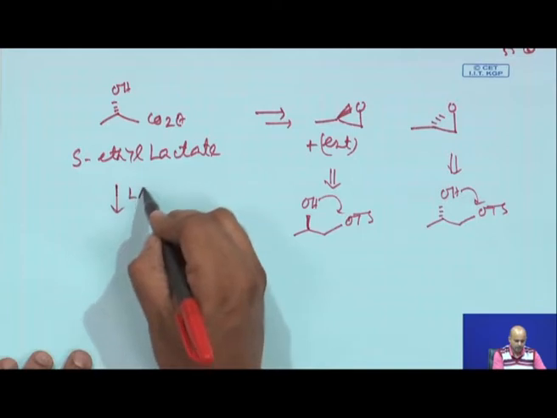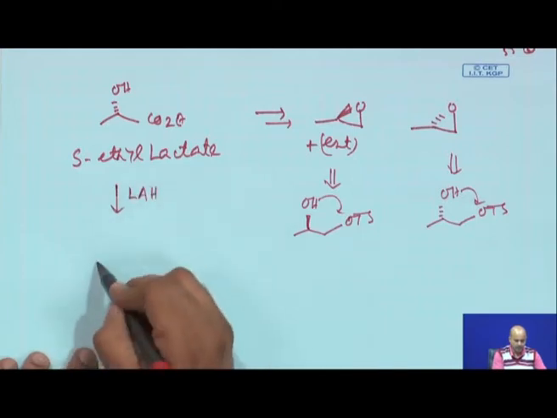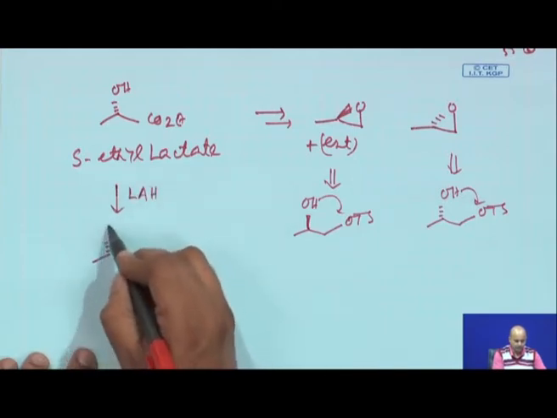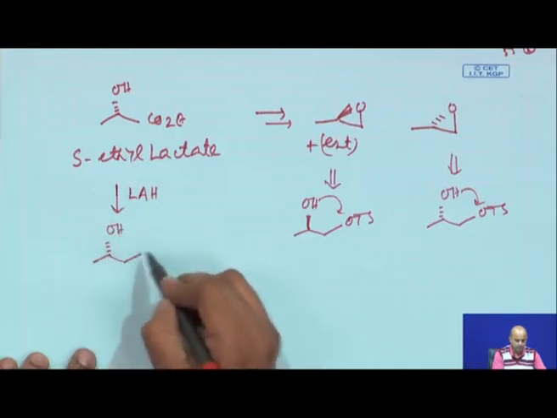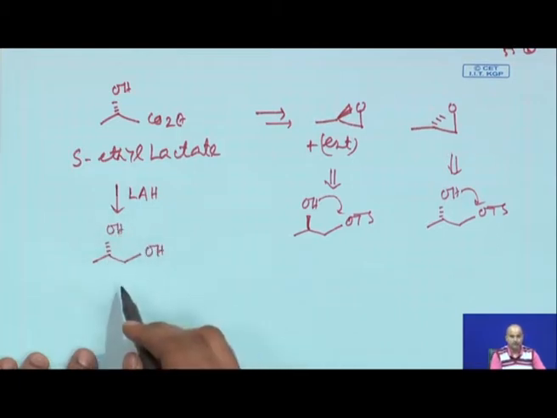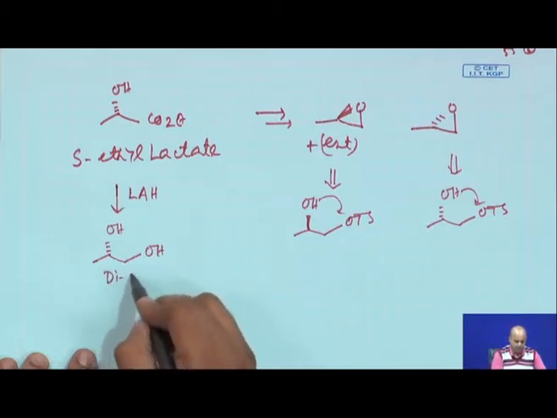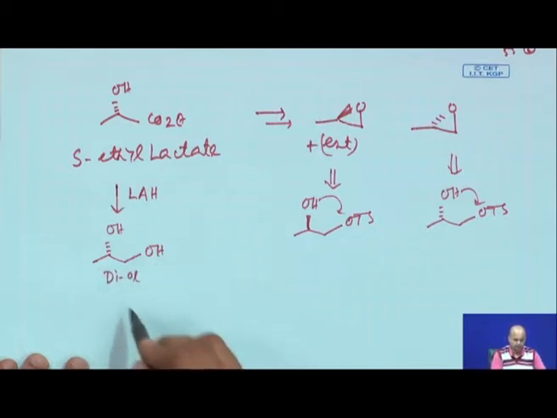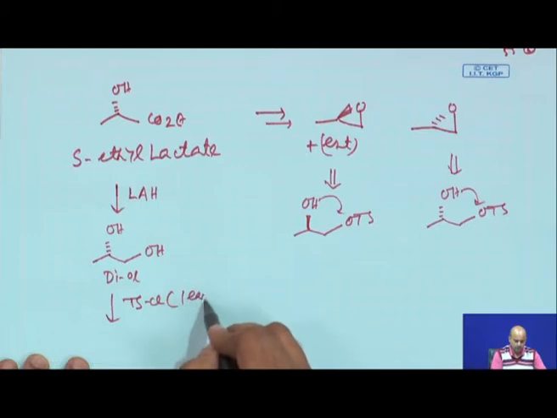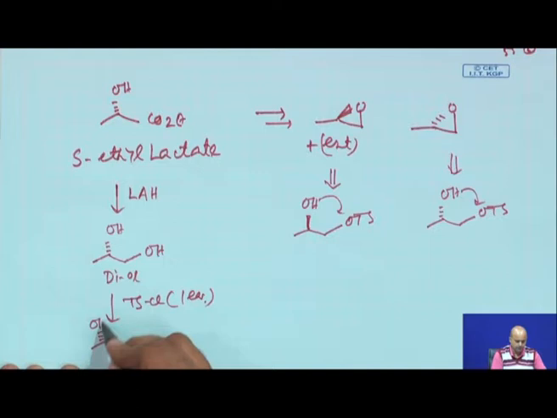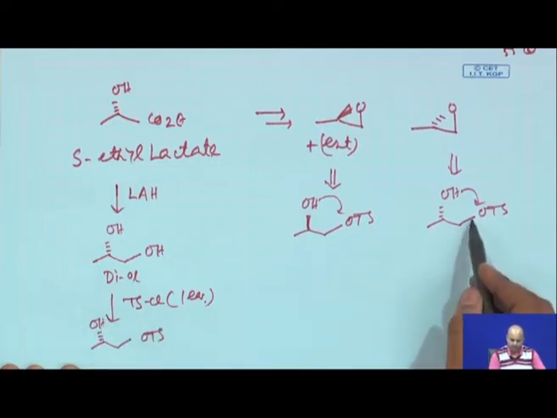Let us do the lithium aluminum hydride reduction first, which will simply give you this diol. Now, this diol has a primary hydroxy and a secondary hydroxy, so the reactivity is different. You react with one equivalent of tosyl chloride, and you get this OH CH2 OTs intermediate.